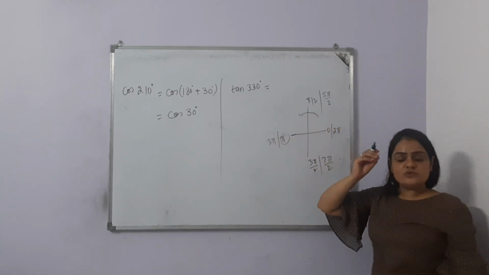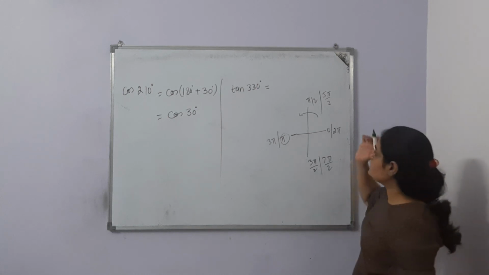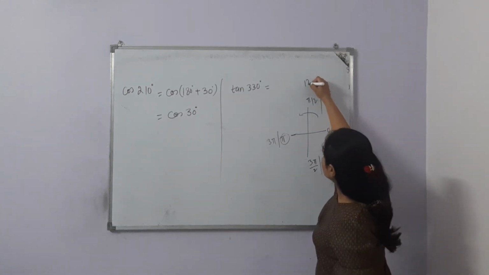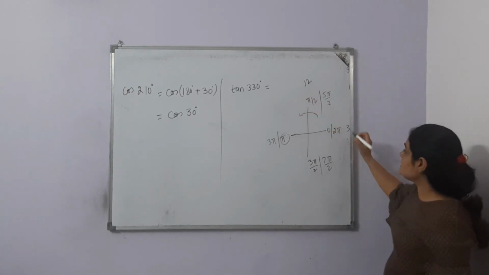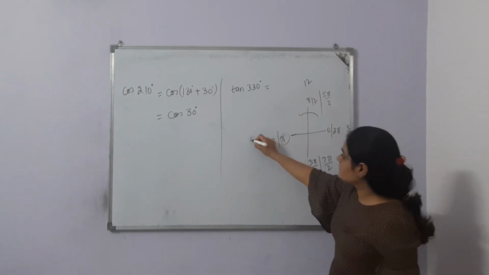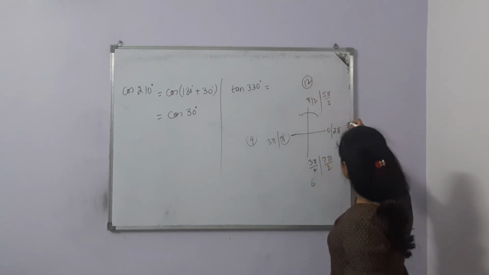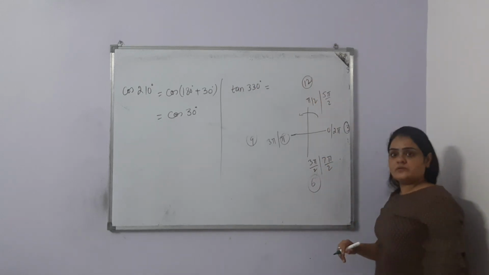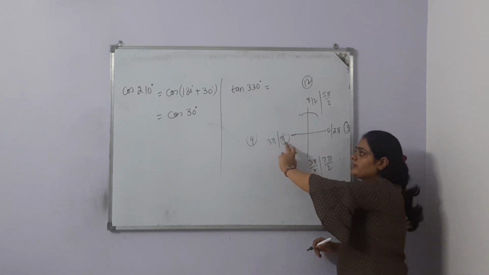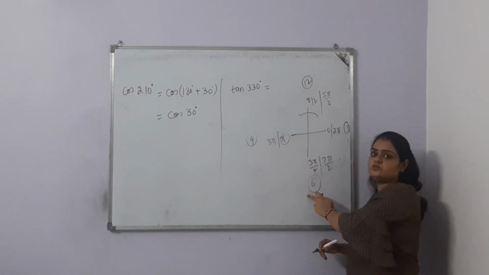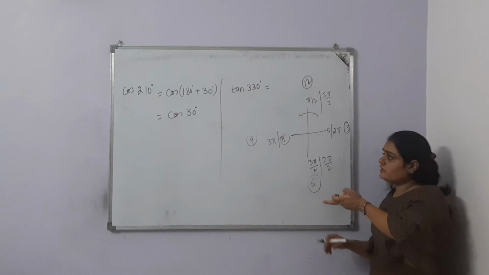If you are getting confused between anti-clockwise and clockwise direction, what you can do is write the clock timing here: 12, here it is 3, 6, 9. You can write the numbers, so you can't get confused then. So pi plus, whenever you are going from 9 to 6, that means anti-clockwise direction, of course.